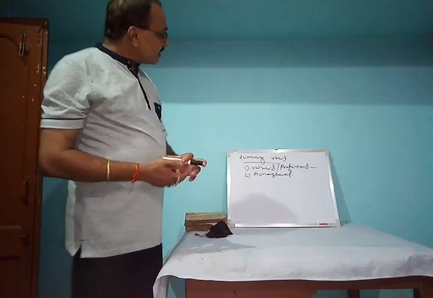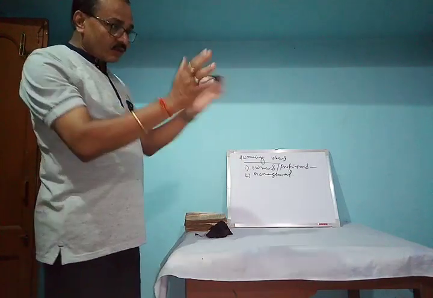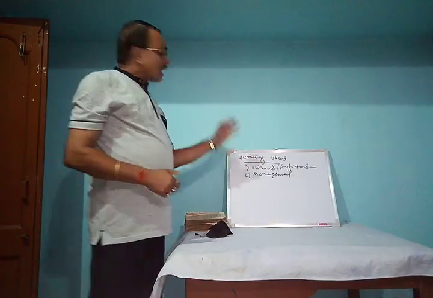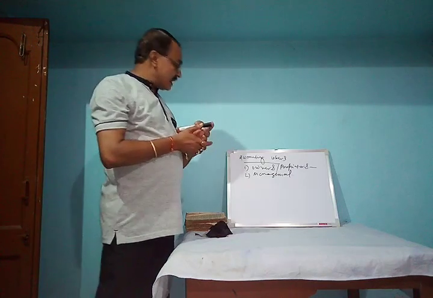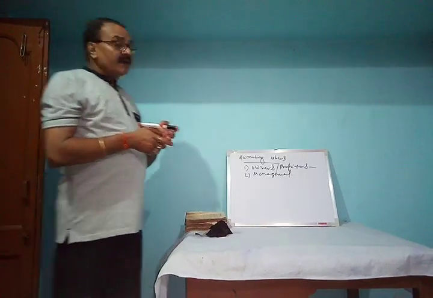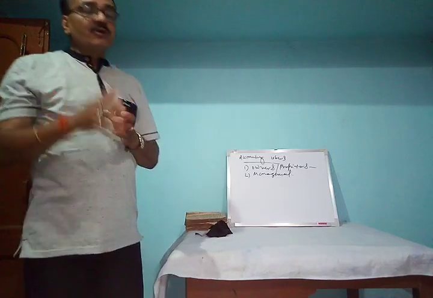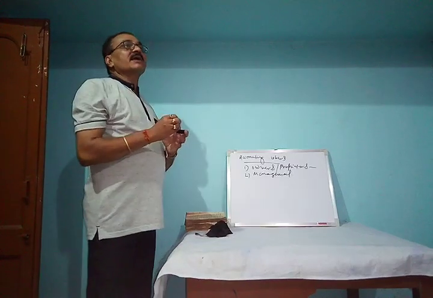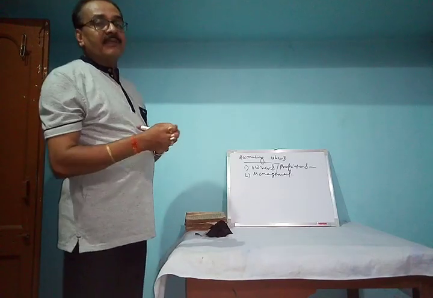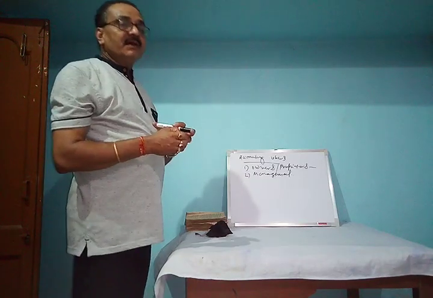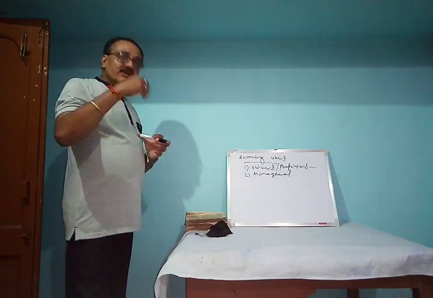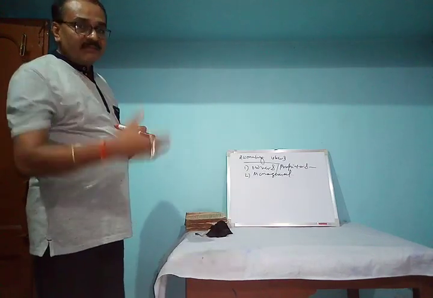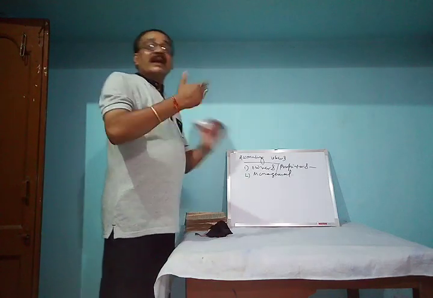So if the management segment is entrusted with certain groups of people, then they are also to be treated as the accounting users or users of the financial accounting, because if the management group, those who are looking after the day-to-day management of the business, are not aware of financial accounting or the financial position of the organization and the day-to-day occurrences of the business, they cannot optimize their management.